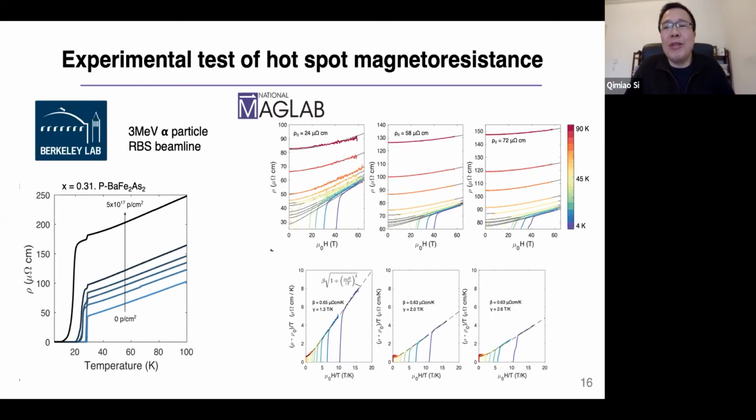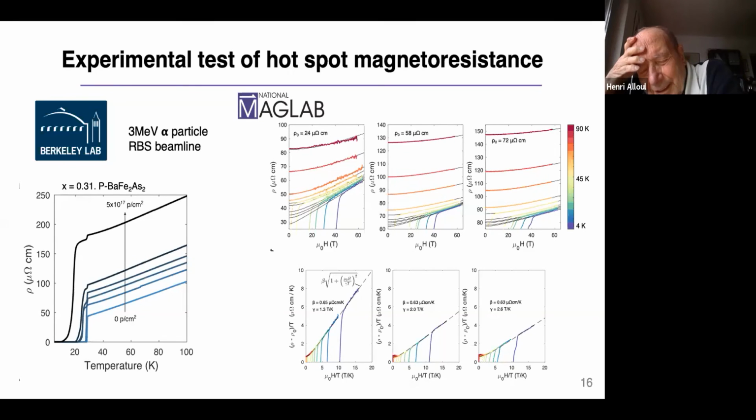So one could ask, given these seeming universalities, does the magnetoresistance tell us about variations across these different materials? I agree. I am puzzled by the fact that you don't find H-squared magnetoresistance at high fields, because that is the only thing you expect once you have eliminated all the quantum critical fluctuations.